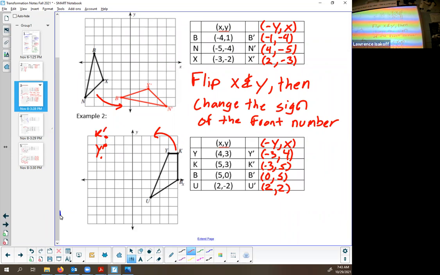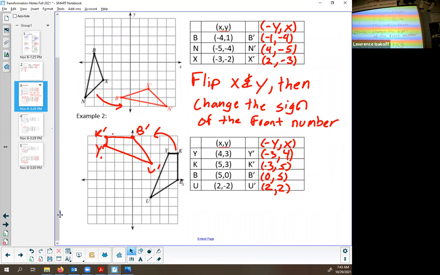B prime is 0, 5. That's up here. Then I have U prime is 2, 2. I play connect the dots on this. I now see this shape spun around up here.